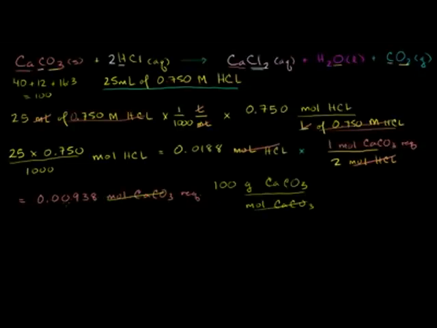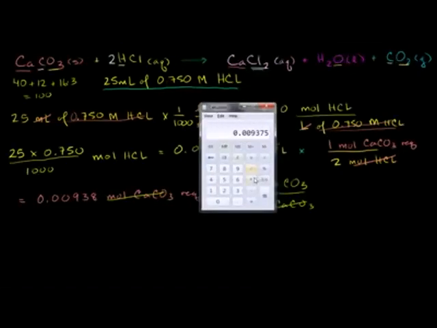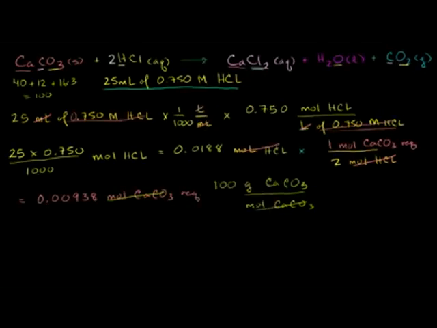So we essentially just have to multiply this thing times 100. And we had rounded it, so it's 0.938. So it equals 0.938 grams of calcium carbonate.